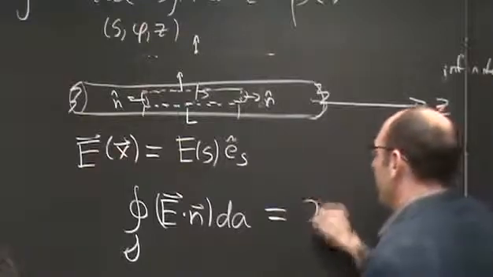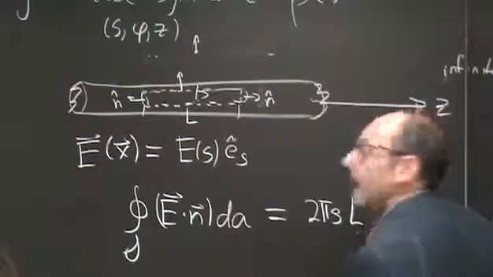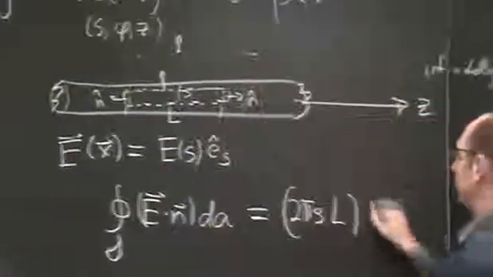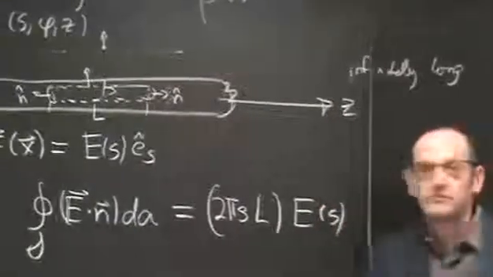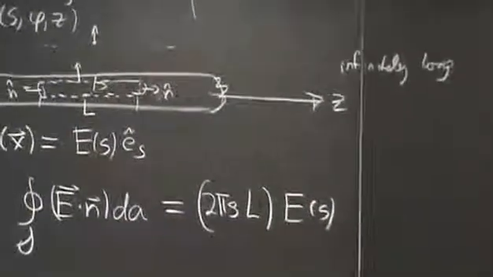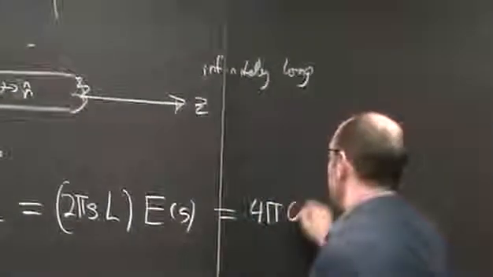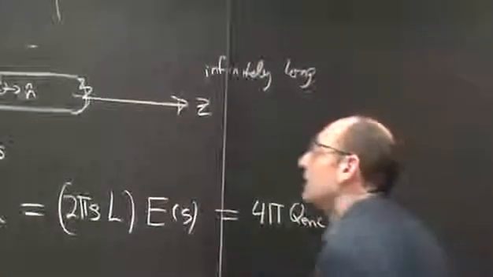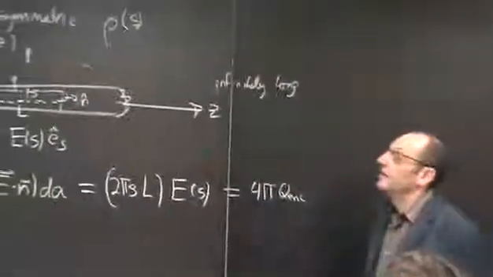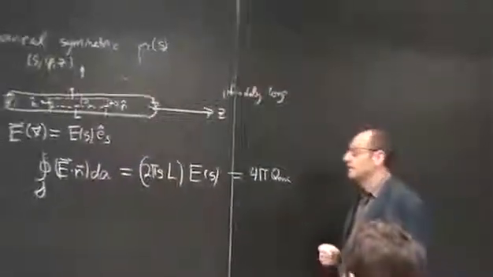And that is the circumference times the length. And that is equal to 4 pi times the enclosed charge in that Gaussian surface.